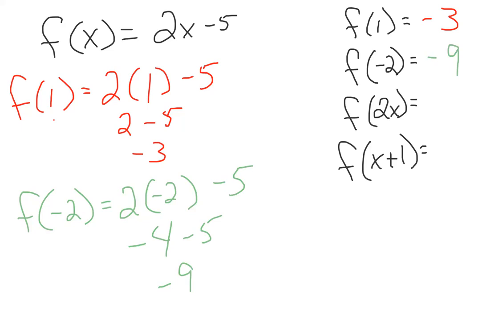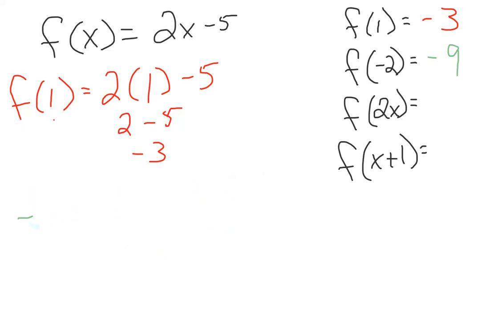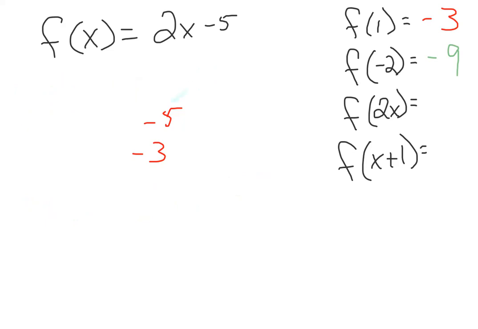Now, this next one's a little bit confusing for students, because they want a single answer like we've had on the first two. On the bottom two, all you're going to get is another equation. You're not getting rid of the X, you're adding to it. So in this case, I'm going to find F of 2X, but it's still the same procedure.